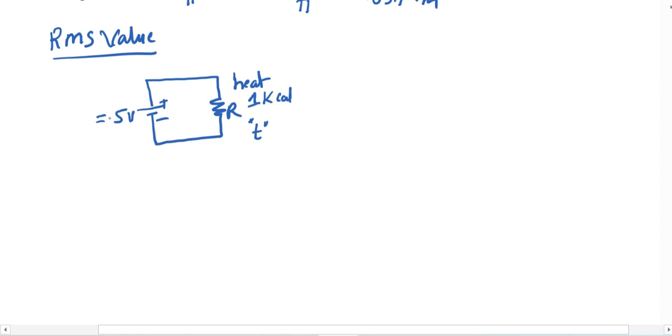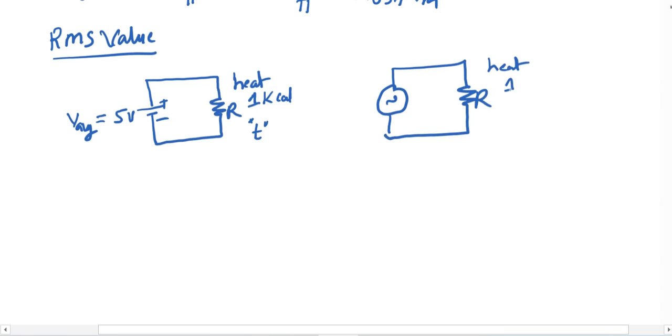So this 5 volt DC is nothing but an average voltage. Suppose by taking an AC system here with the same resistance R, I want to produce heat of 1 kilocalorie for the same given time t. Then the voltage which is required to satisfy this condition is called Vrms.